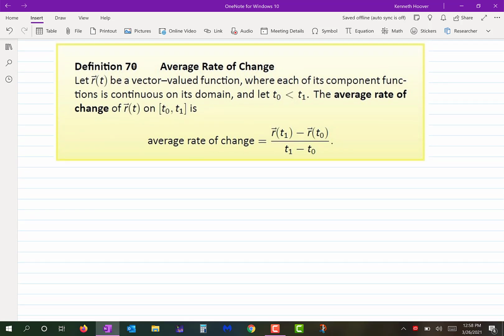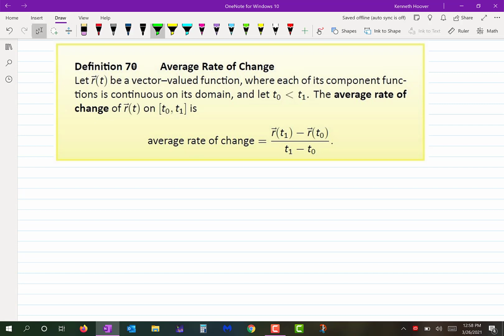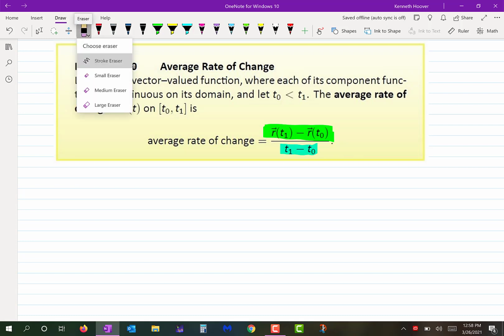Average rate of change from t0 to t1 is just the displacement from t0 to t1 divided by the length of the interval from t0 to t1. That's average rate of change.